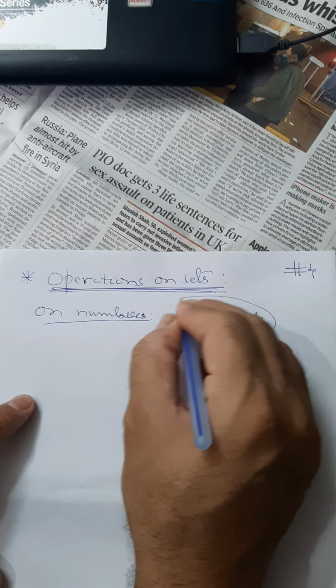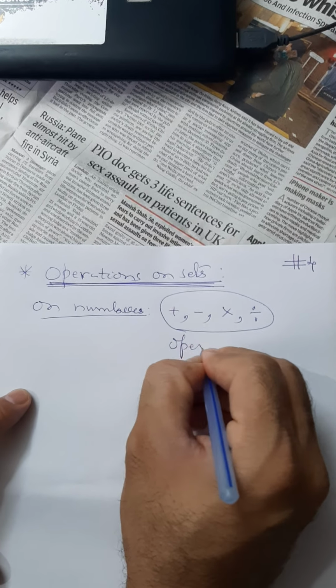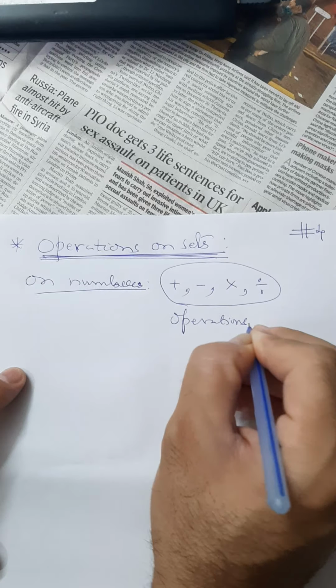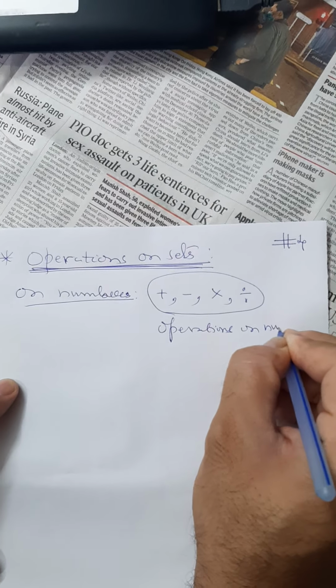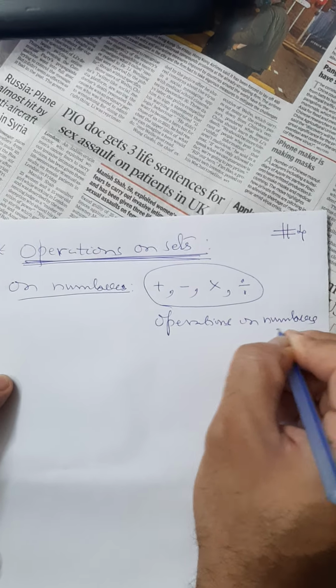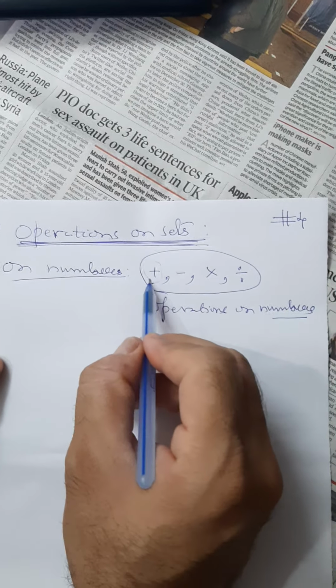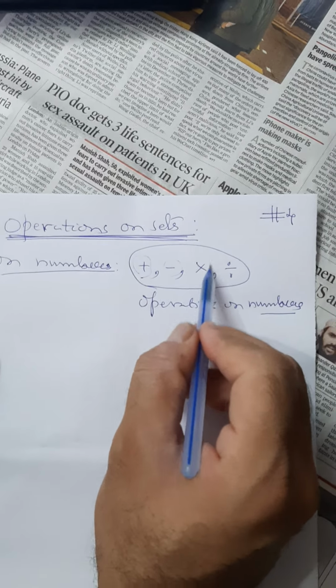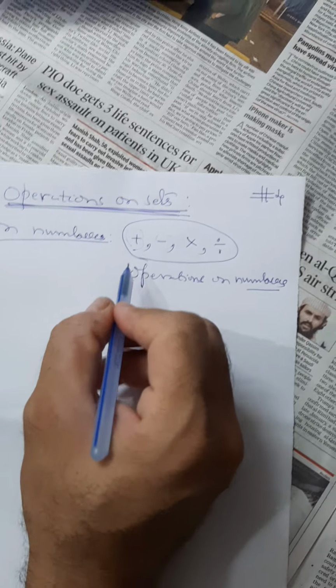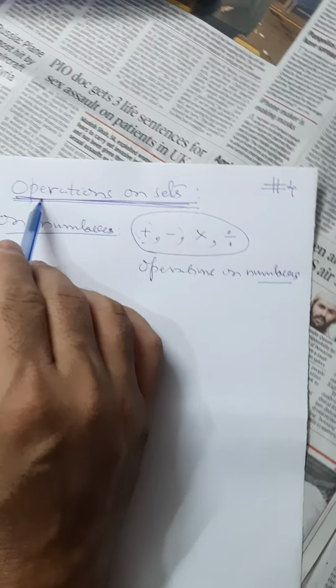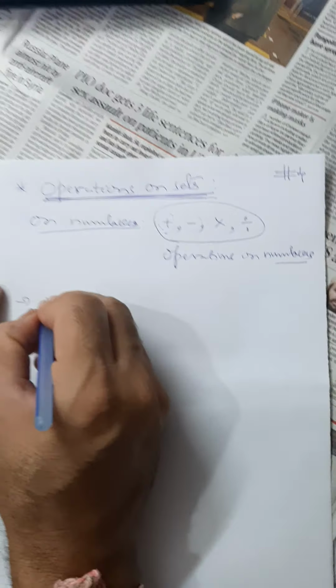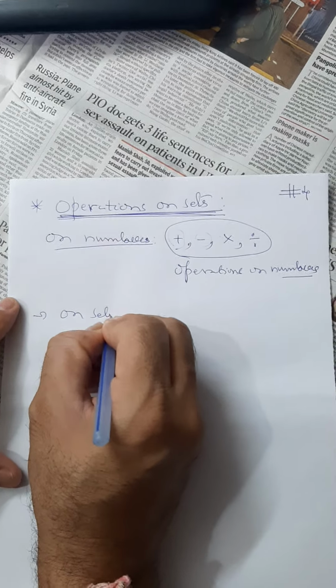These are the standard 4 operations on numbers. If you have 2 numbers, you know how to add them, subtract them, multiply and divide. Now in the same way we have some operations on sets.